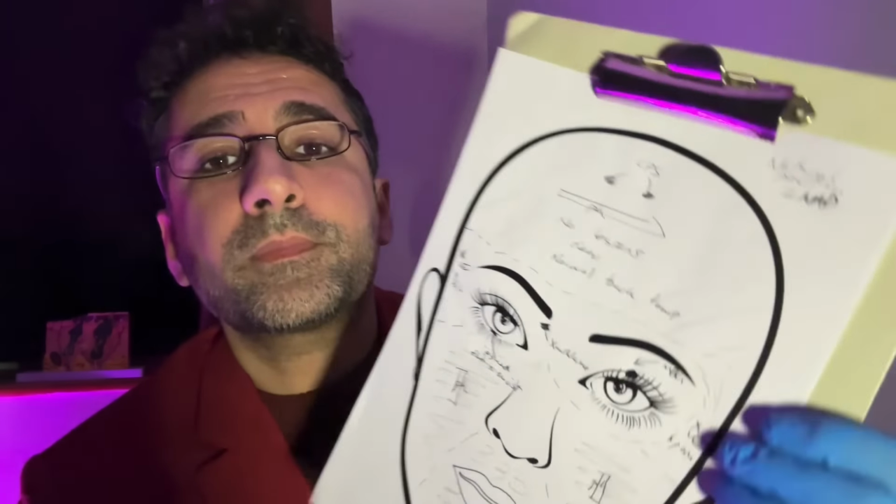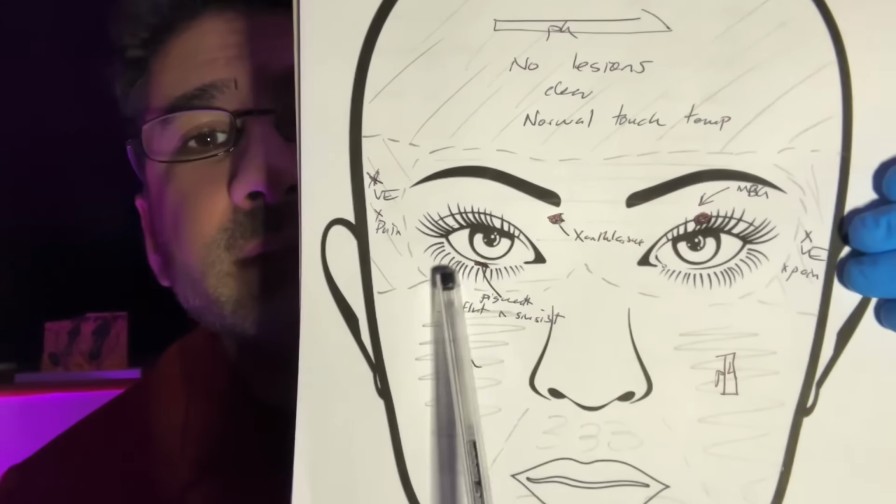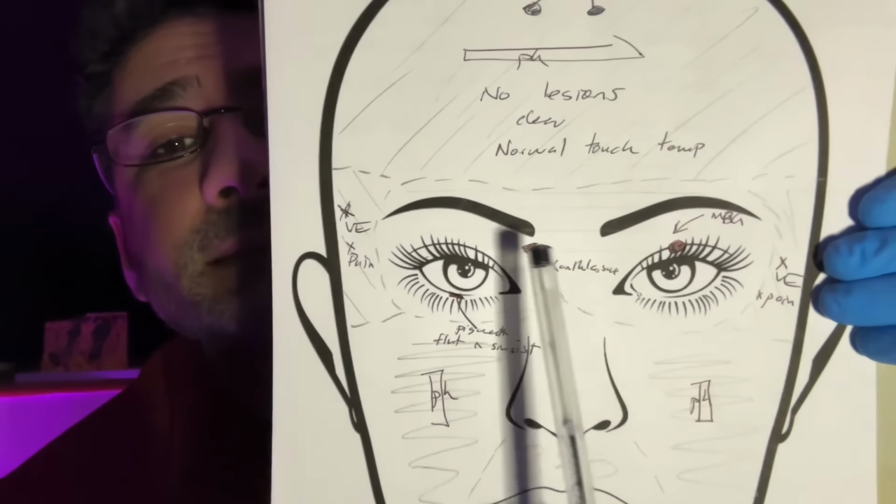So what did you say about the left blocked meibomian gland? So have a little feel of that. Lesion, gland, a little bit of xanthelasma.